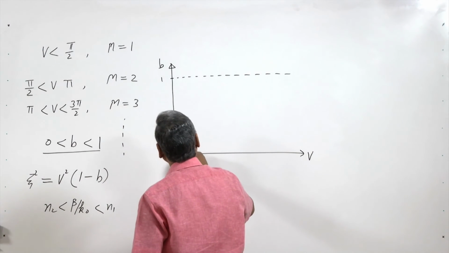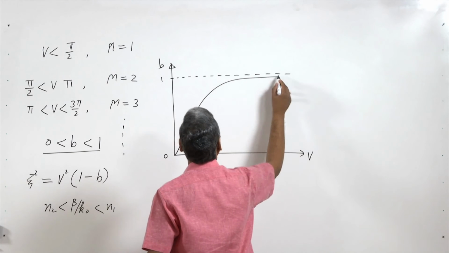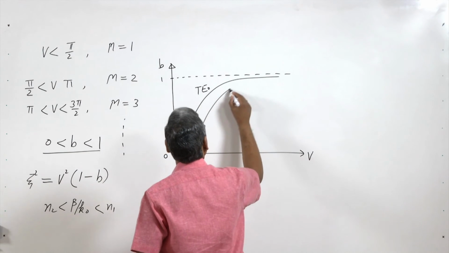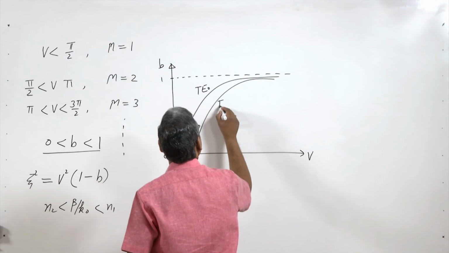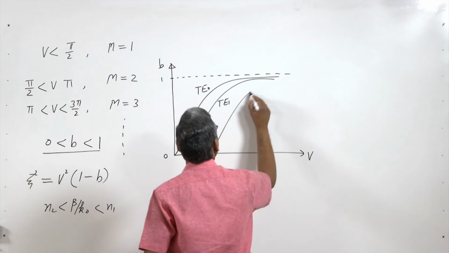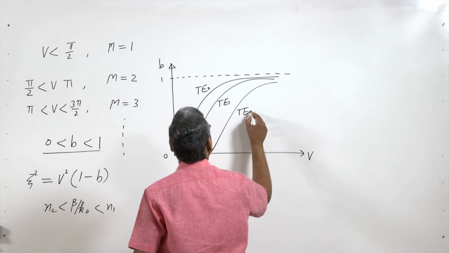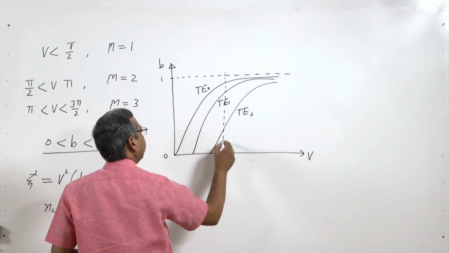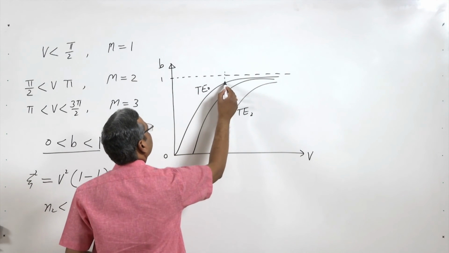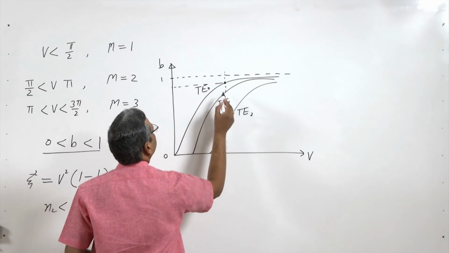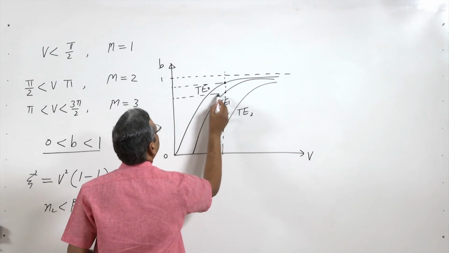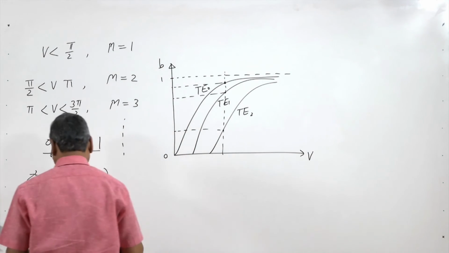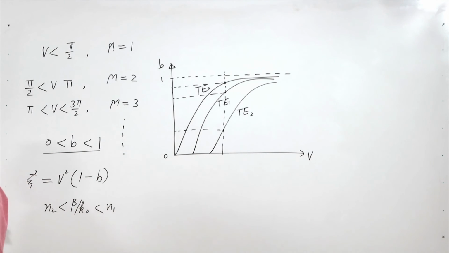TE0 mode goes something like this, TE1 mode goes something like this, TE2 mode like this. So if I have a value of V somewhere here, then the propagation constant of TE0 mode is here, of TE1 mode is here, of TE2 mode is here.